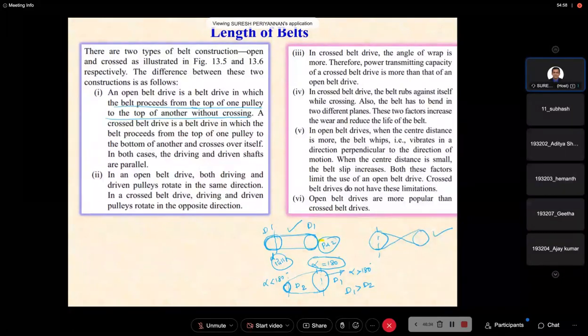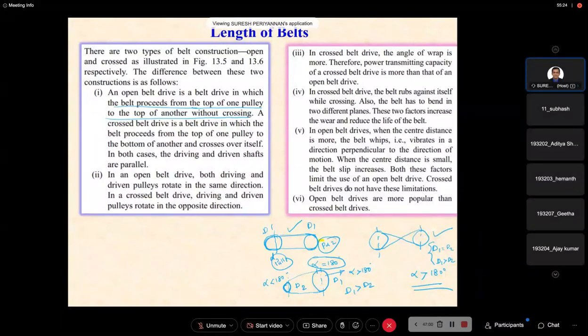Even if both pulleys have the same diameter, d1 equal to d2, or d1 greater than d2, in both cases the angle of warping is always greater than 180 degrees. You may expect this kind of question in any competitive exam. This is very important.